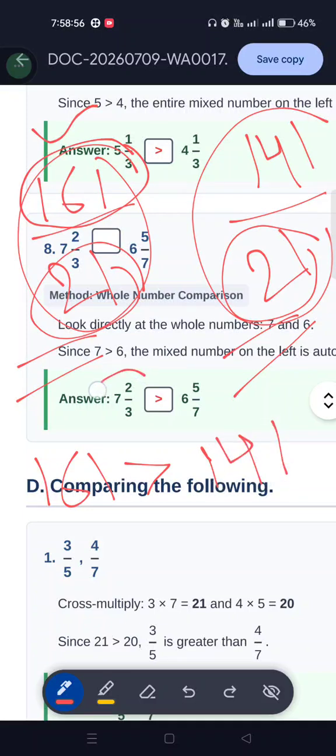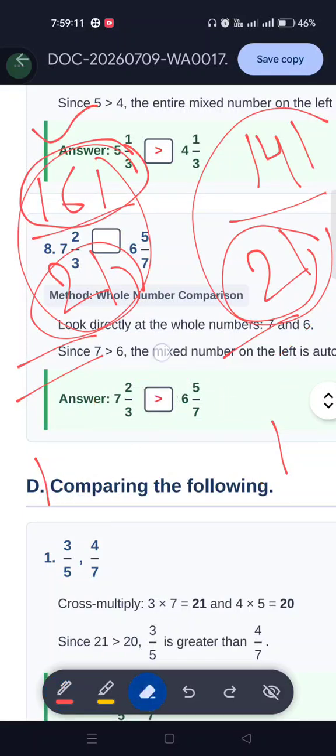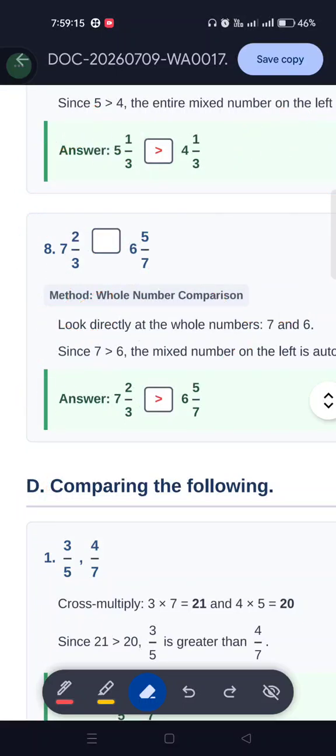So 7 into 2 by 3 will be greater than 6 into 5 by 7. So we will put here the sign of greater than. I think it is now clear to you. Now moving on to part D.